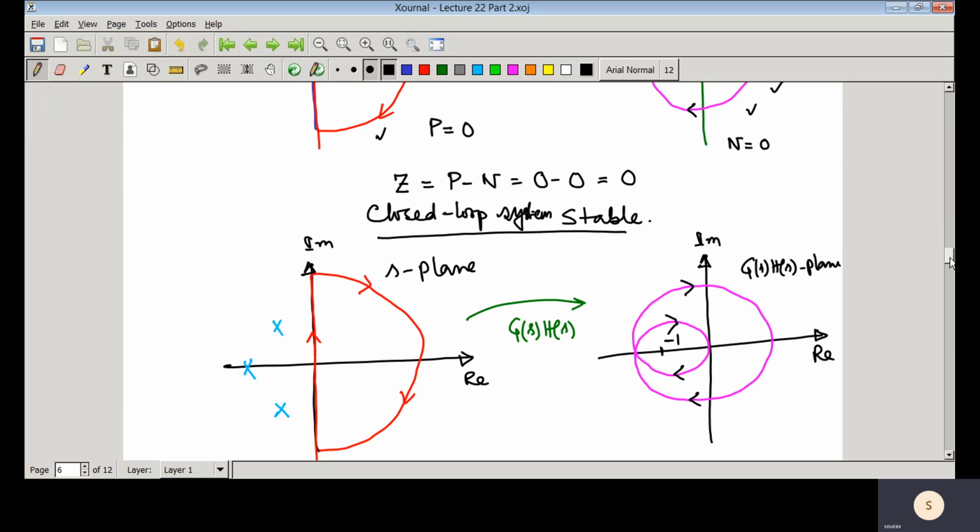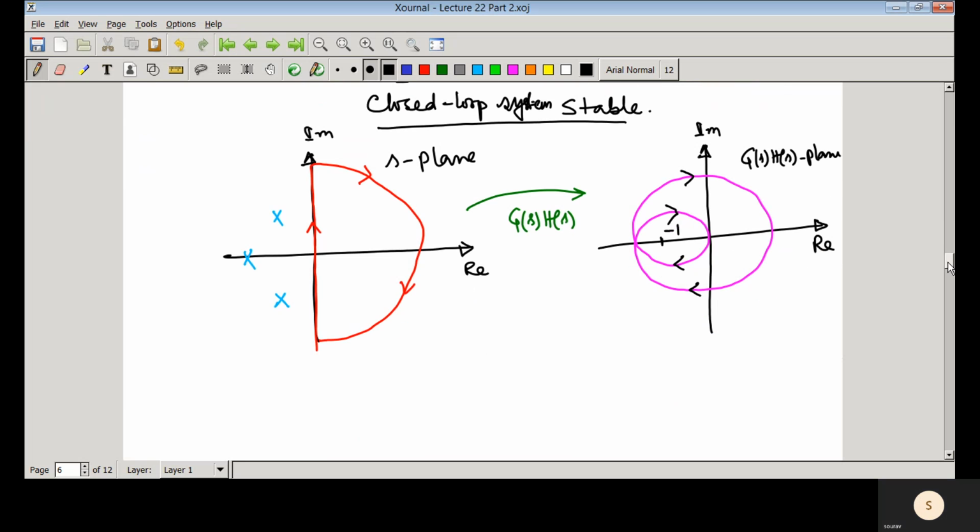So if you have this type of Nyquist plot, then what would be the stability as per the Nyquist stability criteria? Here we can see the number of poles enclosed by this Nyquist contour is 0, so P equal to 0. But here you can see that this is that -1 point, and how many encirclements are there? This is 1, and again this is 2.